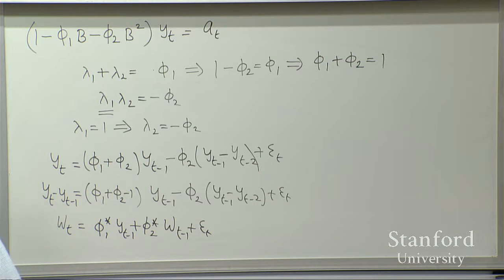Okay. So now you can run the regression of Wt on yt minus 1 and Wt minus 1, and you check if this coefficient is 0 using the usual t test, but the tables that you want to refer to are going to be different.